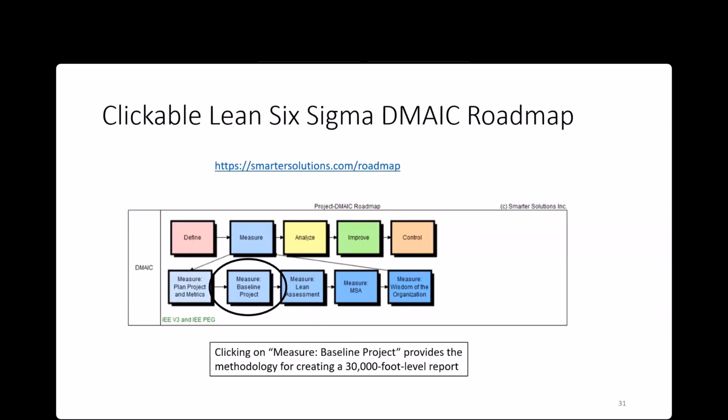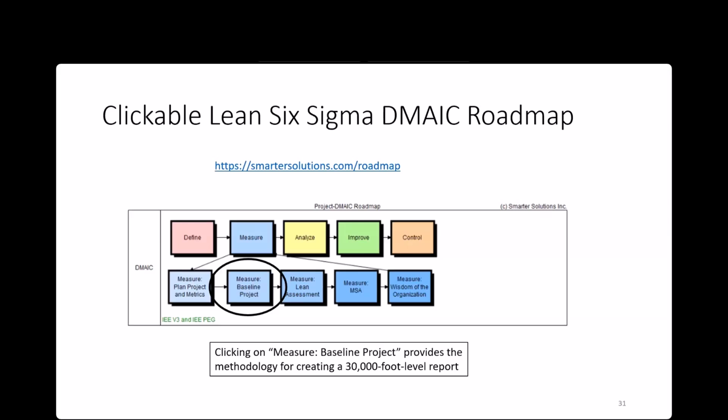The reason I did that is because I tried to model my roadmap after what GE did in the 1990s, where they had part of the measure phase flow charting and FMEA and other tools like that, which I didn't think were truly measures. So I created additional drill downs from this.